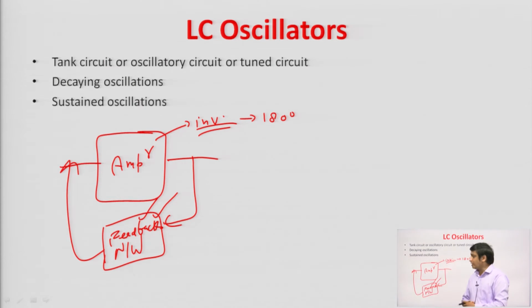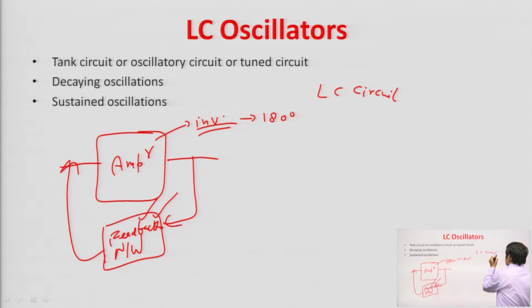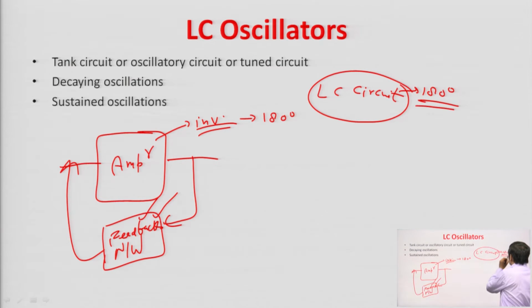In order to get another 180 degree phase shift from the feedback network, there we had used 3 RC sections. As far as this LC oscillator is concerned, if we arrange inductor and capacitor in such a way that the total phase shift provided by this LC circuit is 180 degree, it means which kind of amplifier will we require?